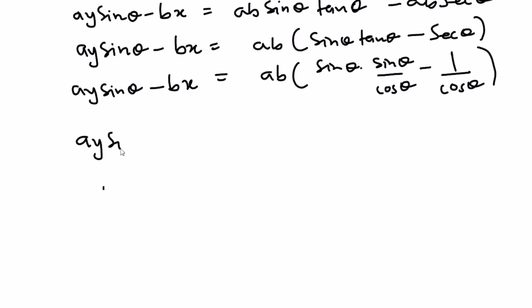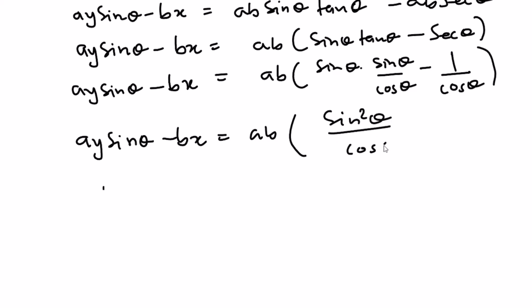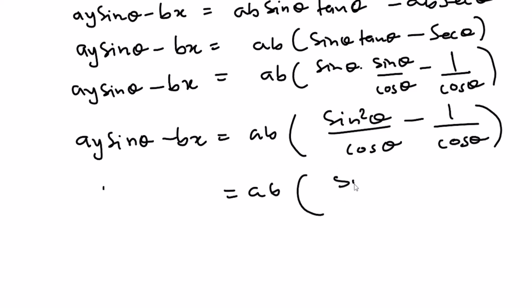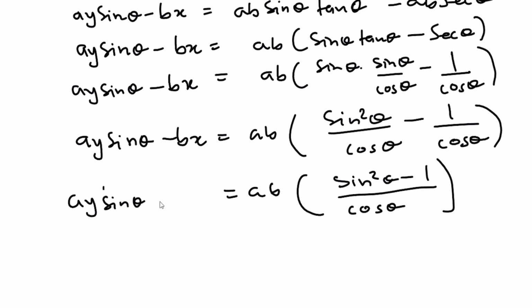So you have AY sine theta minus BX being equal to, now we have AB times sine squared theta divided by cos theta minus 1 on cos theta, and it's going to be the AB, then I have sine squared theta minus 1 divided by cos theta, AY sine theta minus BX.